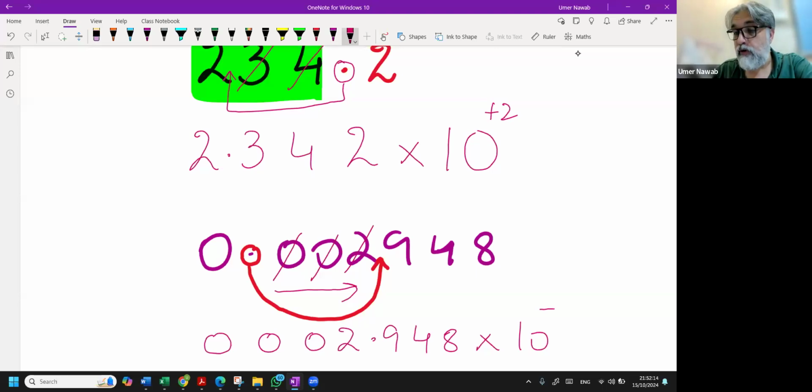Because I'm moving to the right. So forcefully, when you push the decimal to move to the right, I have to write the negative power. So how much? 1, 2, 3. So negative 3. These zeros are not very important. You can skip them. So your number is 2.948 times 10 raised to the minus 3 in standard form.